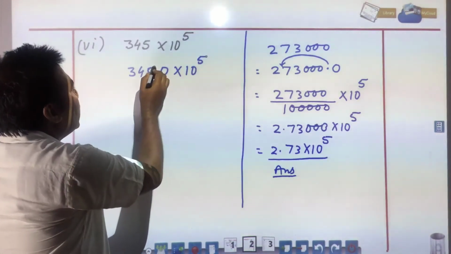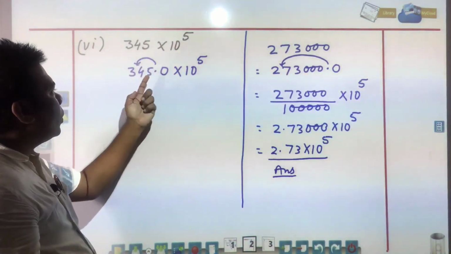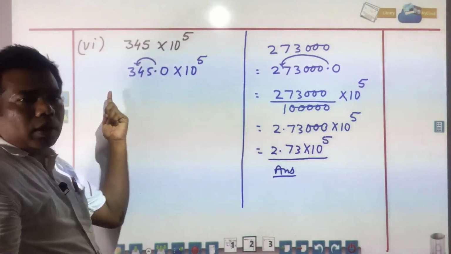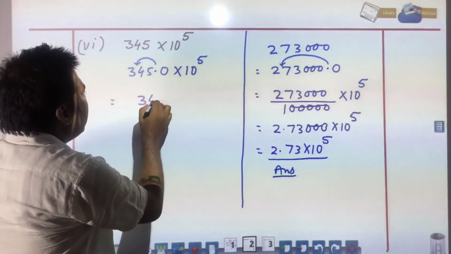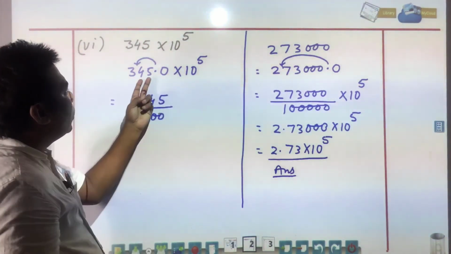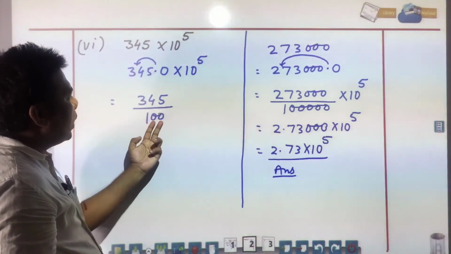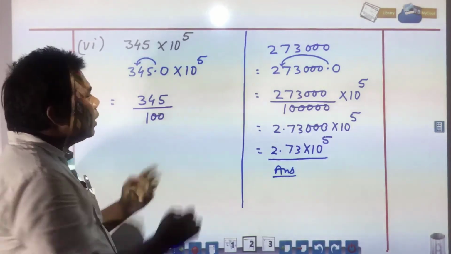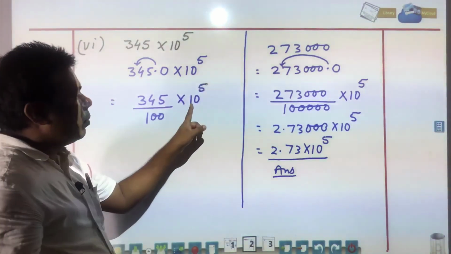Now, what you need to do is bring this decimal 2 places leftward. So the same method will be applied: 345 divided by 100, since you are moving 2 digits leftward, and 10 to the power 5 you already have.